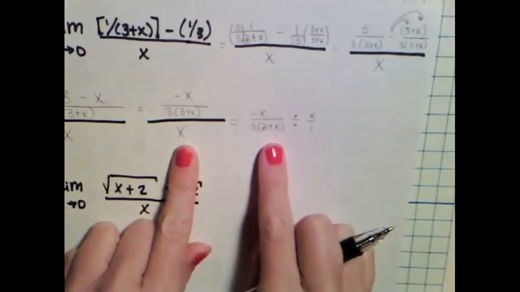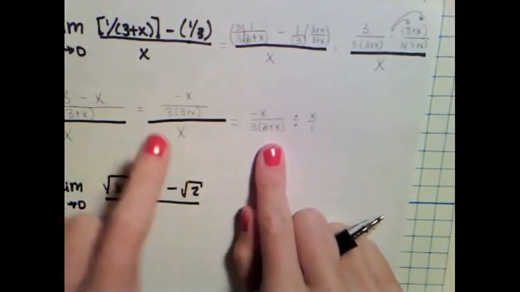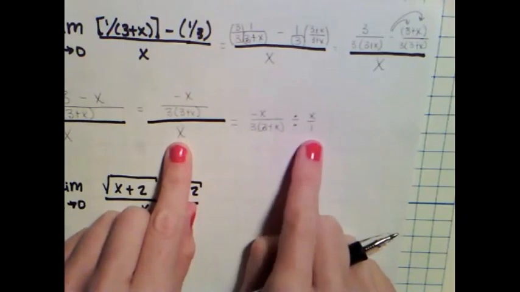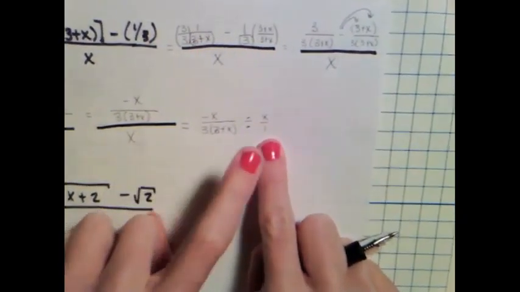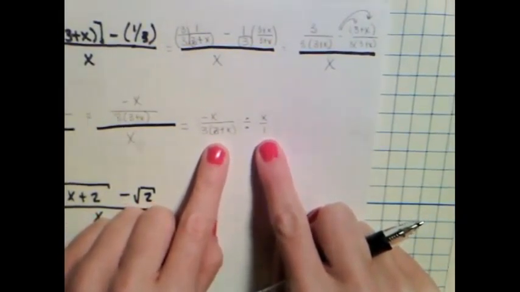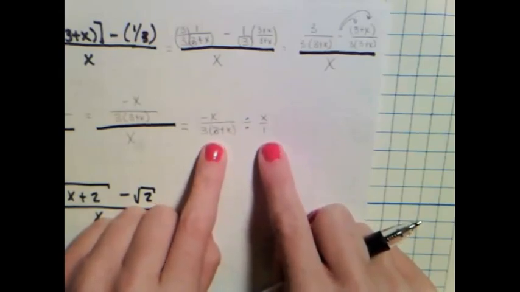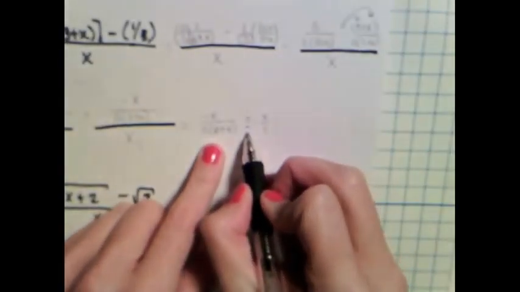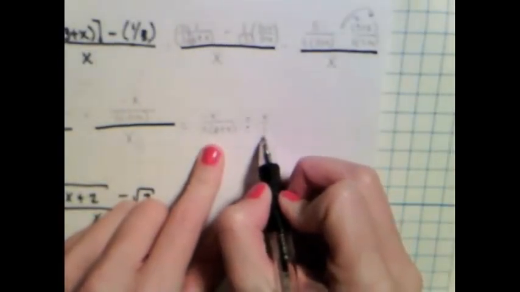So from here to here, I didn't change the problem, I just rewrote the division. And now, maybe you can recognize we've got division of two fractions. And we're going to divide by multiplying by the reciprocal of our second fraction.